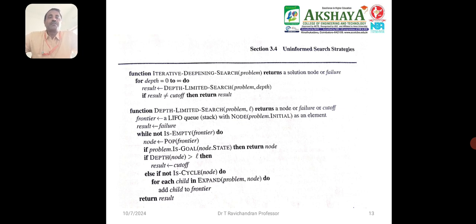If the problem's goal state is the node state, return the node. If the depth reaches the limit, the result is cutoff. Else if the node is not in a cycle, expand the node, and add each child of the node to the frontier.